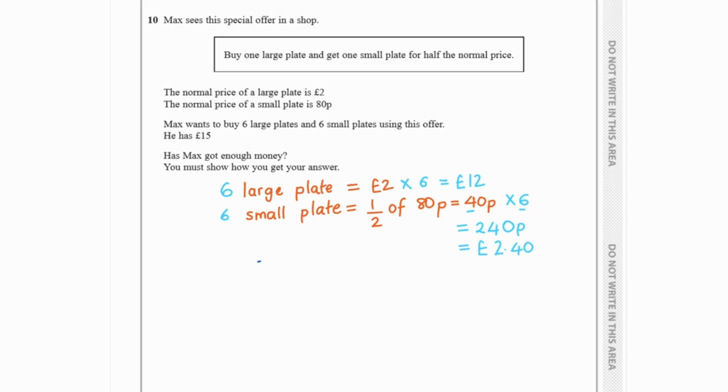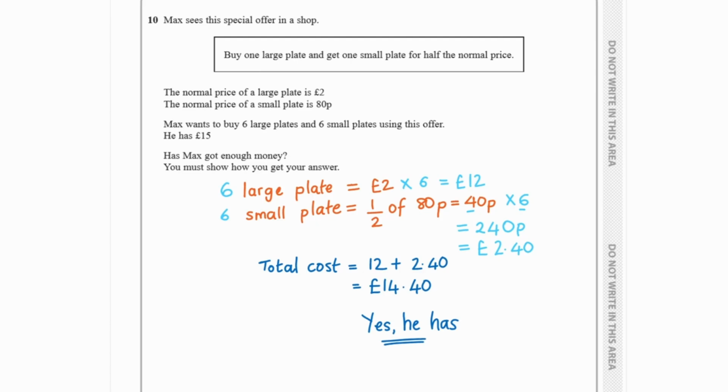So the total amount of money that Max will be spending on these plates is going to be 12 plus £2.40. 12 plus 2 is 14, so he will be spending £14.40. And the question is asking us if Max has got enough money. So based on our calculations, we can say that yes, he has got enough money.